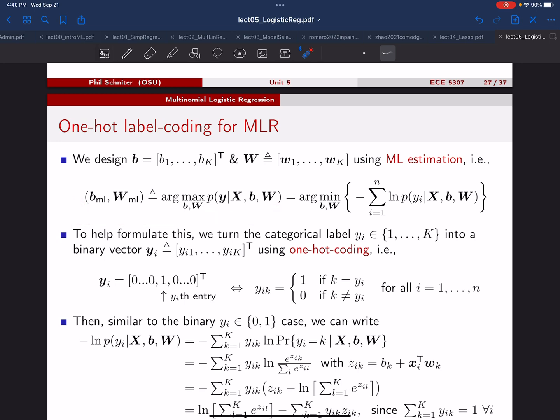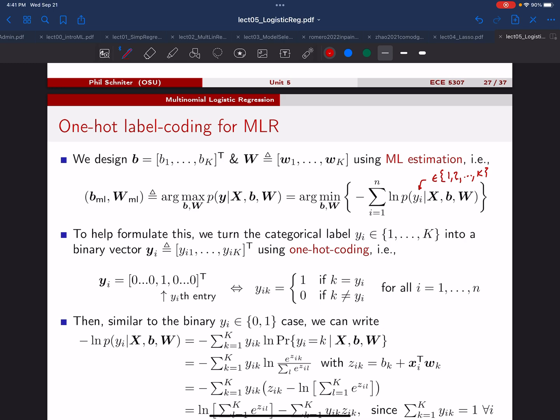We also know we can equivalently minimize the negative log of that likelihood, or with the independence assumption, that gives us a negative, and then the sum, and then the log of the probability of the individual training samples yi, given all the features and everything else. So the main thing we need to do now is deal with these yi's here. These guys are integers. These are members of the set 1 through K.